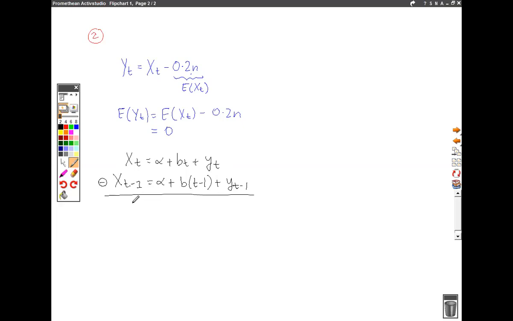So what will I get? I will get nabla xt, alpha minus alpha is 0, bt minus bt is 0. So I'll be left only with b here, and I'll have nabla yt.